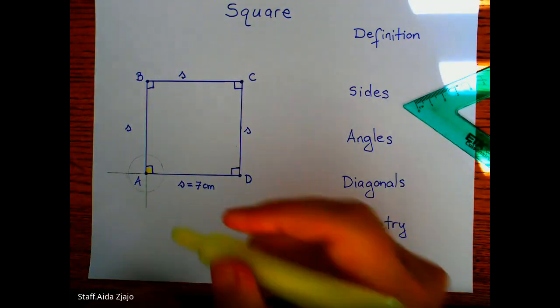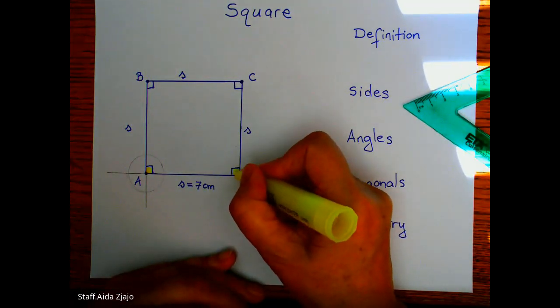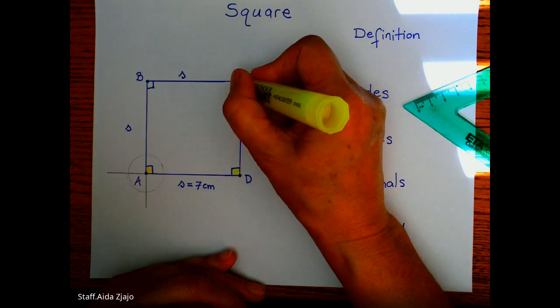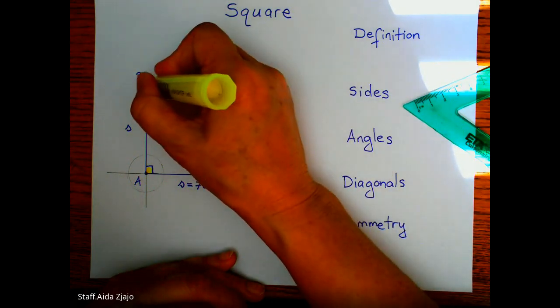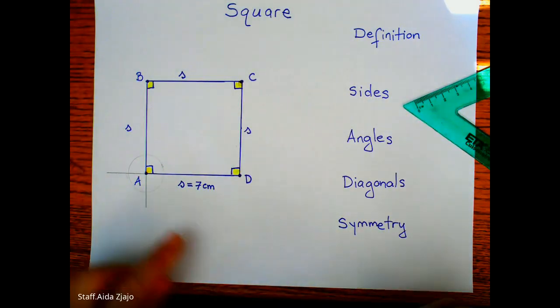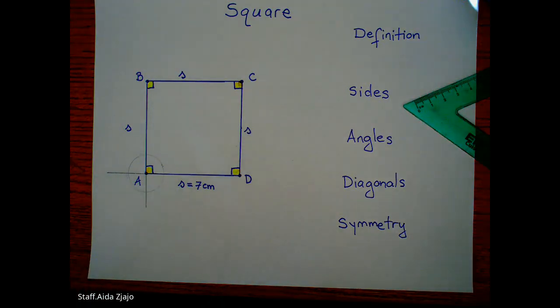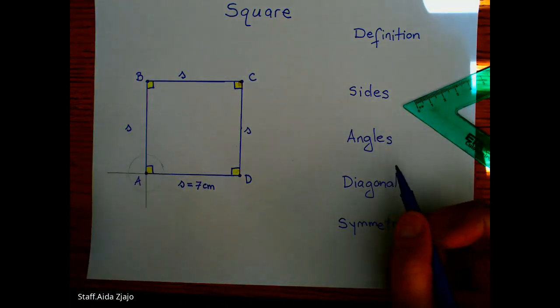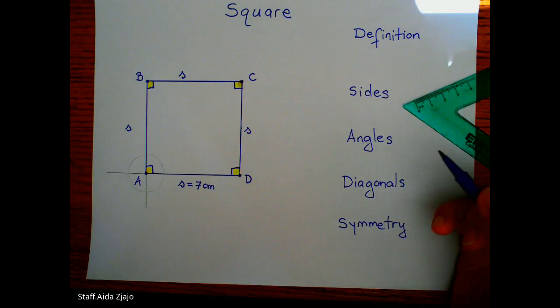And if you see that little square that I create, that tells you that this is a right angle. This little square in the corner is how we label a 90 degree angle.